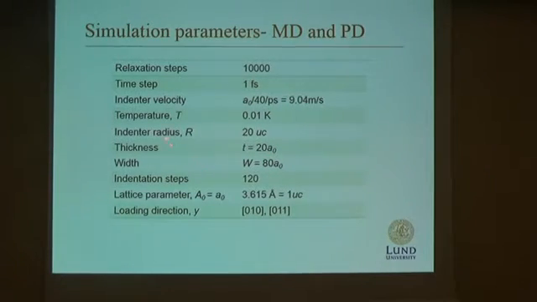The radius of the indenter is about 20 A0 as well. And then we have the indenter velocity here, and the temperature should be somewhere like here. So all the simulations are performed at almost zero temperature.